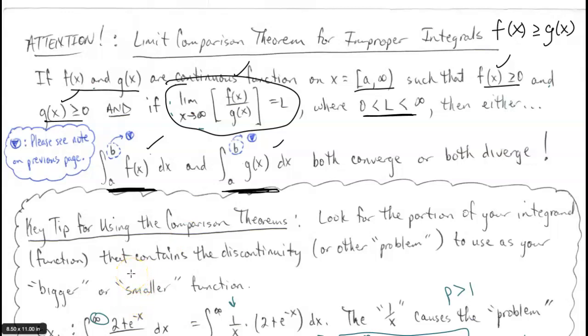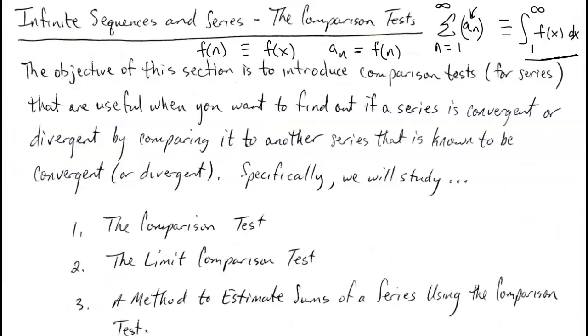Now, the point of me bringing this up before we start covering the comparison test for series is that the language for both the comparison test and limit comparison test is going to be very similar, okay? So if you're comfortable with the direct comparison test and the limit comparison test for improper integrals, then you're going to be comfortable with the comparison test and limit comparison test for series because they're very similar.